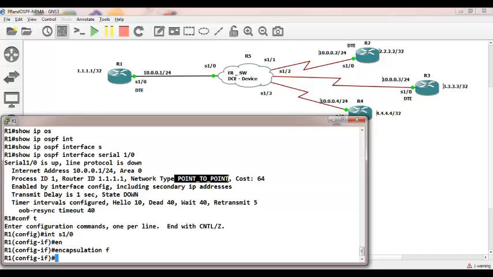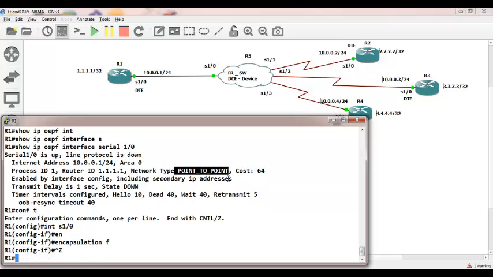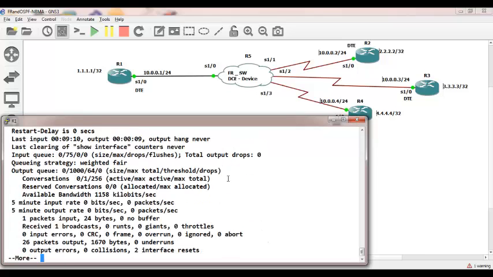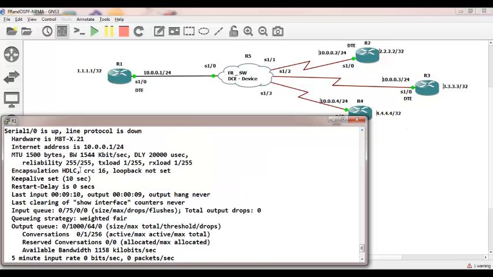Let me show you that. Show interface serial 1/0. You see the encapsulation type is HDLC. On non-Cisco devices, the encapsulation type will be PPP, point-to-point protocol. In Cisco devices on a serial wire, the encapsulation type is HDLC.